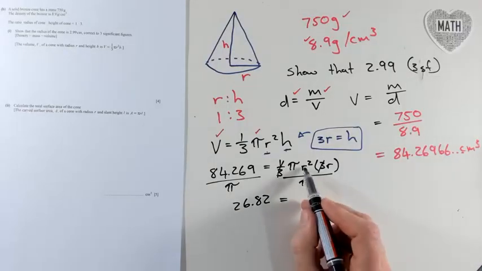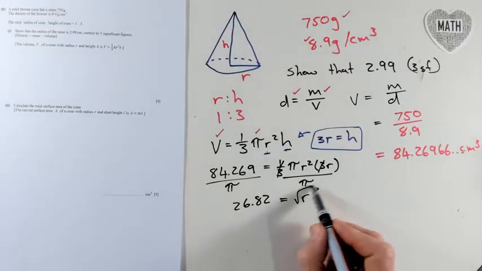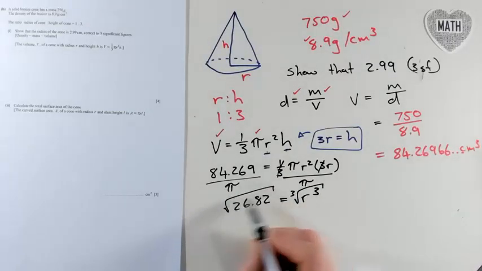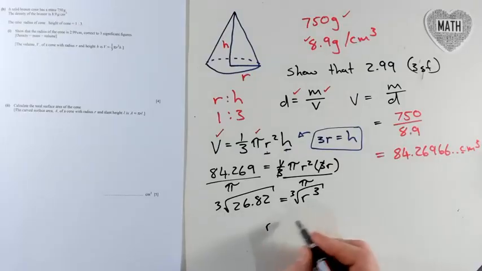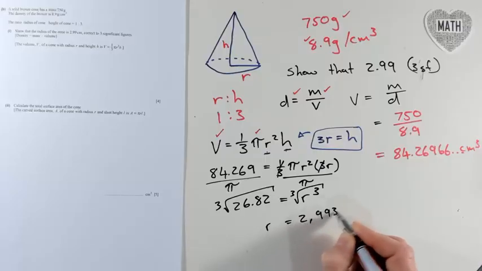And that is r squared times r, so that's r cubed. So I just now have to take the cube root on both sides, and hopefully, where's the cube root button? That gives me 2.99345.